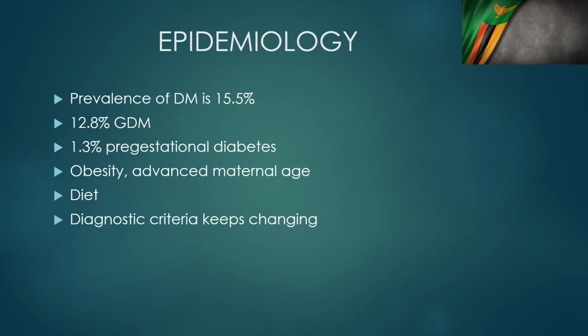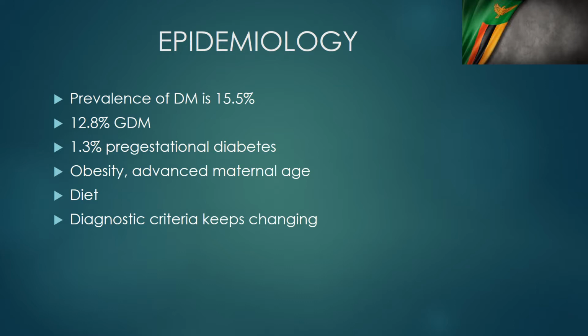So let's briefly talk about the epidemiology of gestational diabetes or diabetes in pregnancy. The prevalence is around 15%, which is quite high. This depends on how often women are screened and how much screening we are doing out there to make this diagnosis. Out of these, 12.8% is gestational diabetes, and a few are patients with pre-gestational diabetes. Gestational diabetes has become quite common.